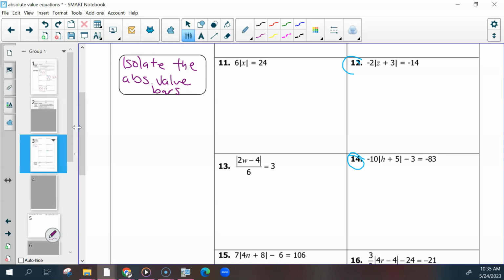So to get rid of that, we would divide both sides by -2. Notice that I'm keeping the absolute value bars until it's completely isolated. Then, once it's isolated, I can drop them, set it equal to a +7 and a -7. And then we would solve both.